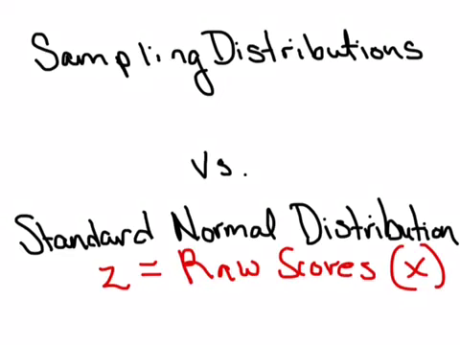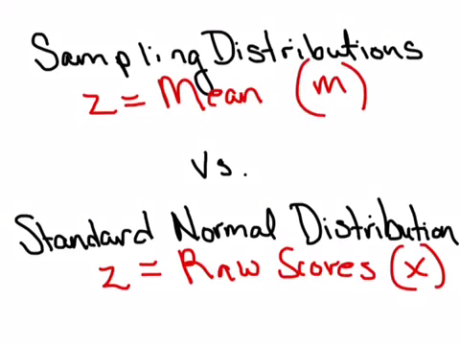So when we think of sampling distributions, instead of it being raw scores, we're now looking at z equaling a mean, so M. Because the sampling distribution is a distribution of all the possible sample means that could be attained from a specific sample size for a population.